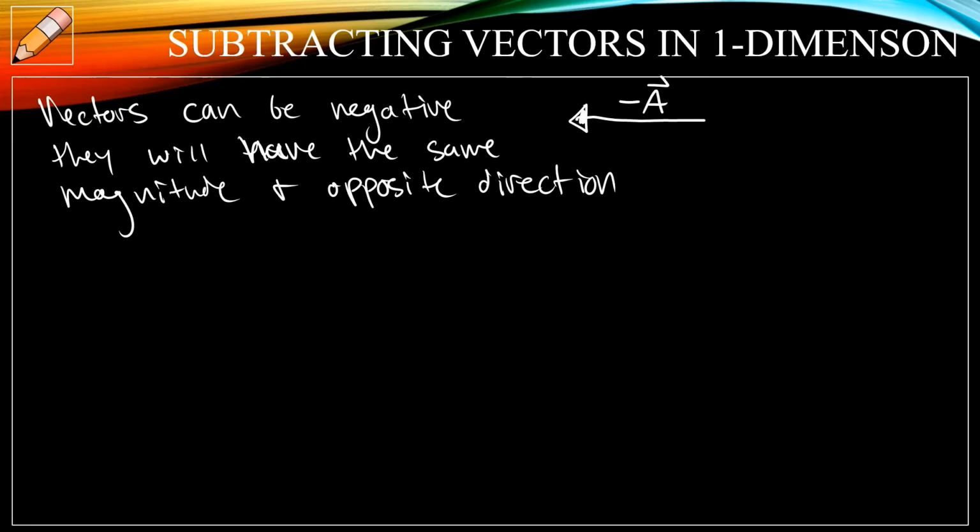You could also imagine that if there was some vector called C that was oriented like this at some angle, the vector negative C would have the same magnitude, but would just point in the opposite direction of its original vector. So it's important to note that when we're talking about vectors being negative, they'll have the same magnitude and opposite direction as the original vector that you're talking about.